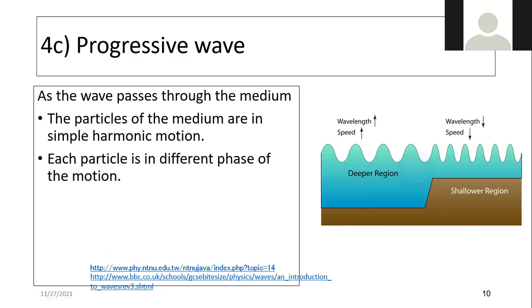Each particle is in a different phase of motion, at a different position. If you give it an angle, it will be a different angle. This will be at the maximum. This part will be at rest position. No particle is permanently at rest. That means as the wave passes through, you won't see any particle at rest.